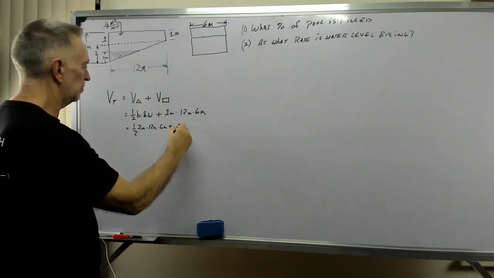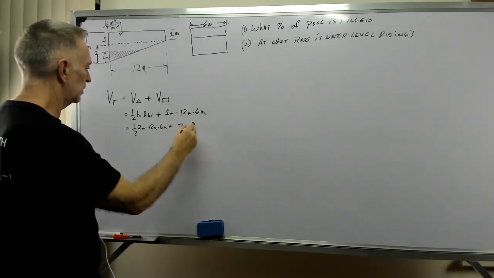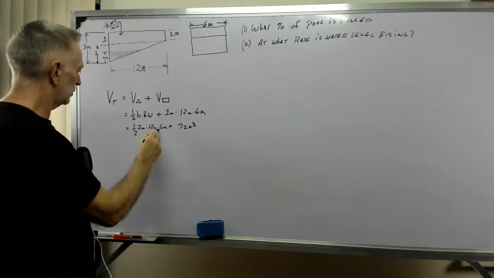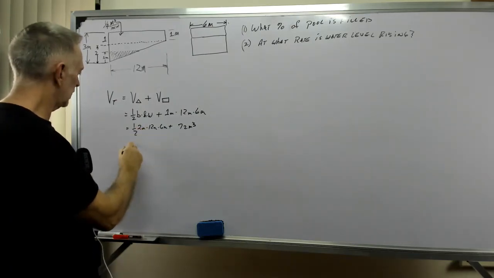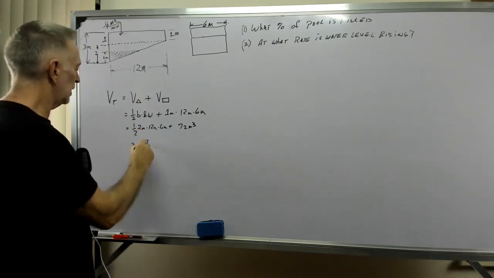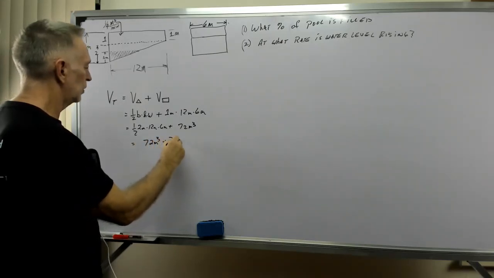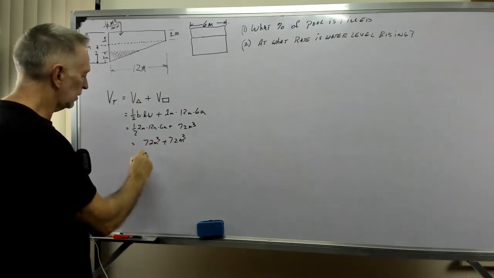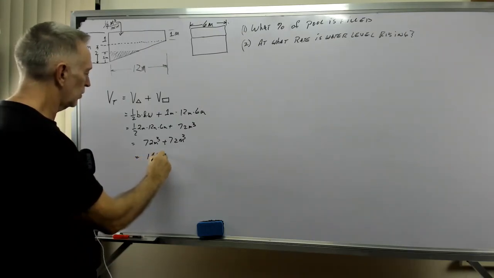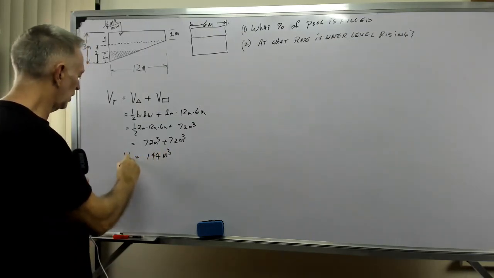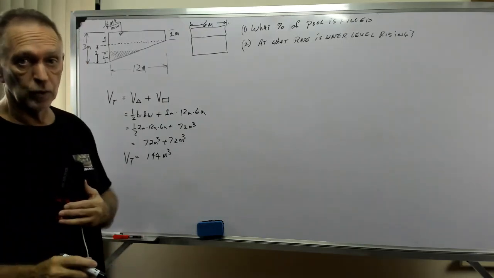This is 72 cubic meters, since the 2's cancel, and that's 72 also. So I have 72 cubic meters plus 72 cubic meters, and that equals 144 cubic meters. So that's the total volume of the pool.